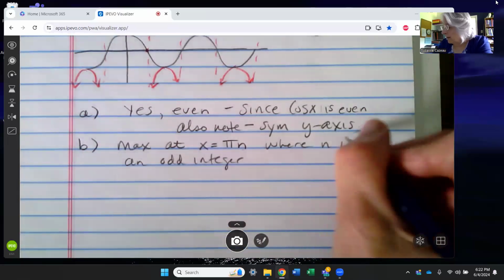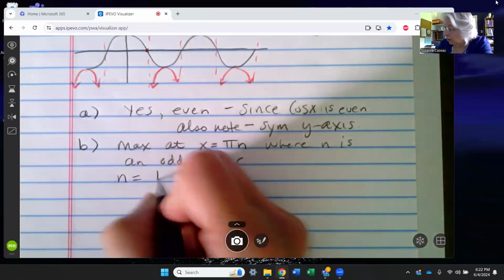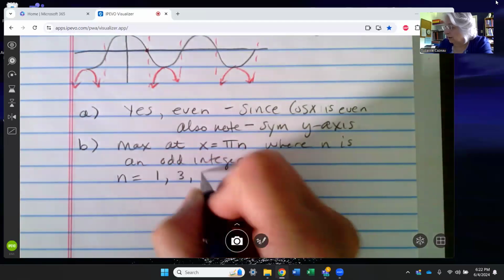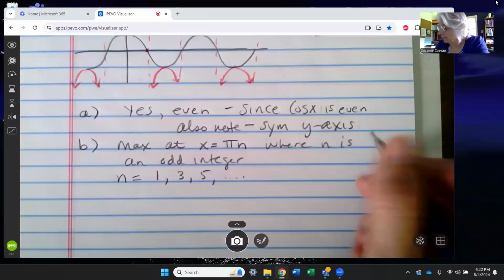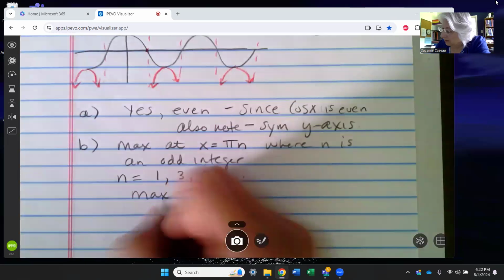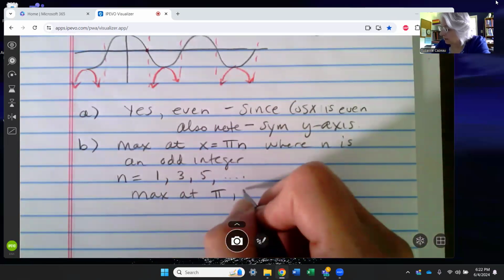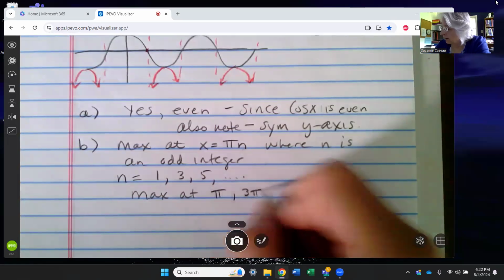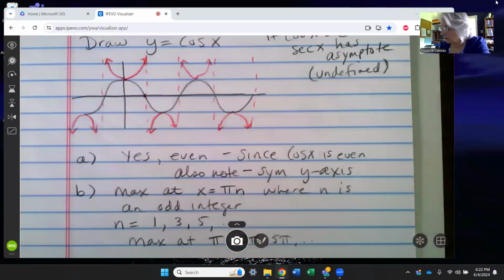If n is an odd integer, then that means n is 1, 3, 5. So look at the graph and see, do we have a max at pi, 3 pi, 5 pi, and so on. Even just the first one, you should look and see.